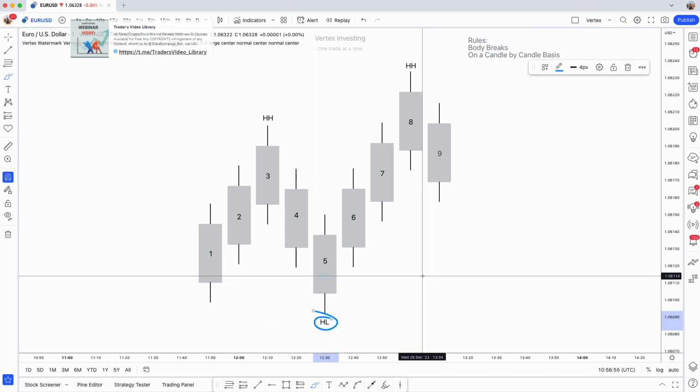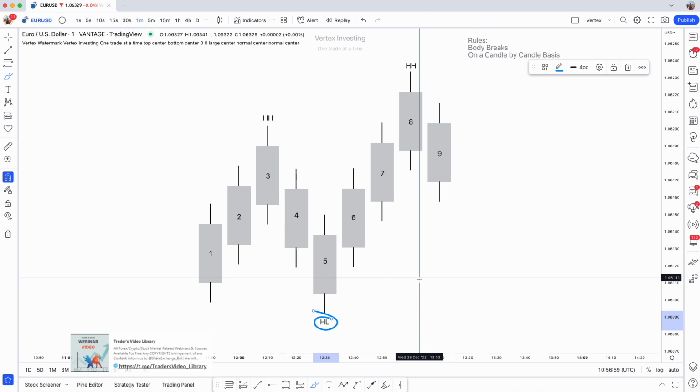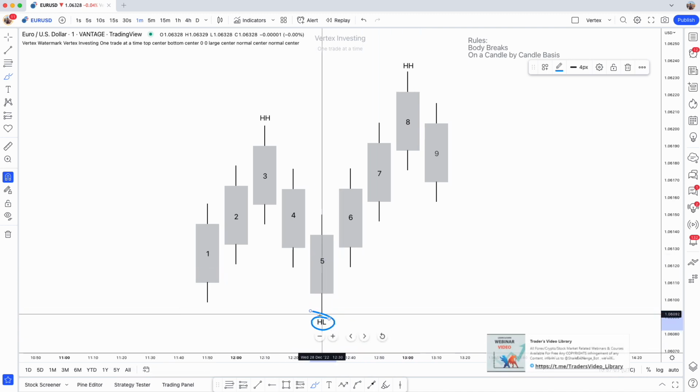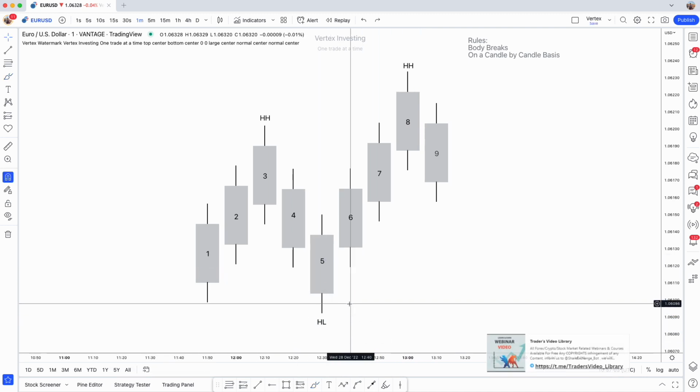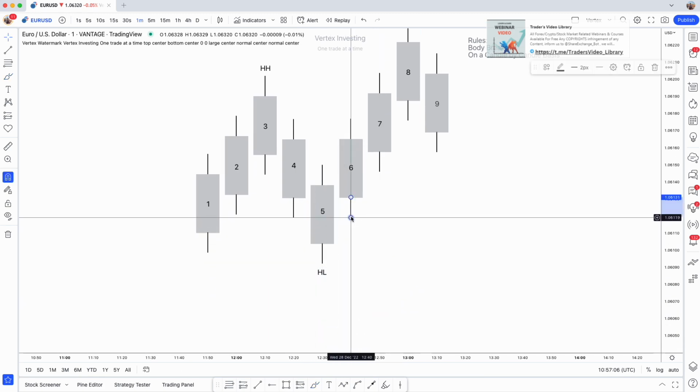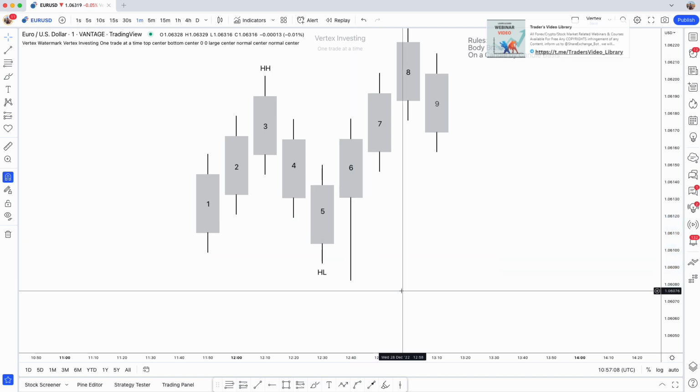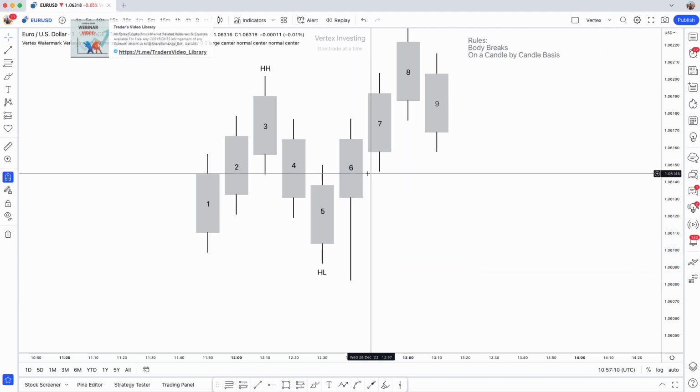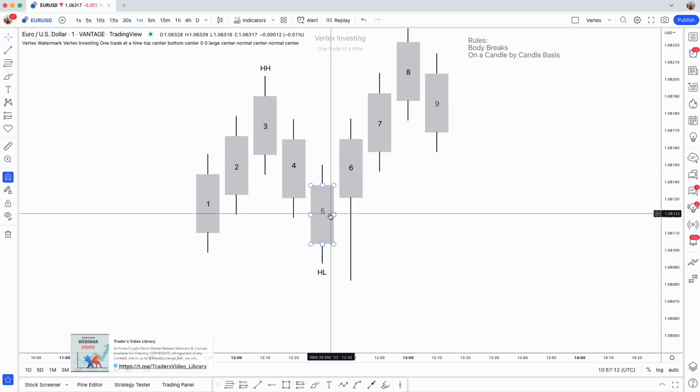Now with any structure that we mark, we always mark it with the wick. Say, in this case, we have the low being confirmed on candle number 5, right? This only accounts for the two candles: the candle that's broken and the candle that's formed the low.